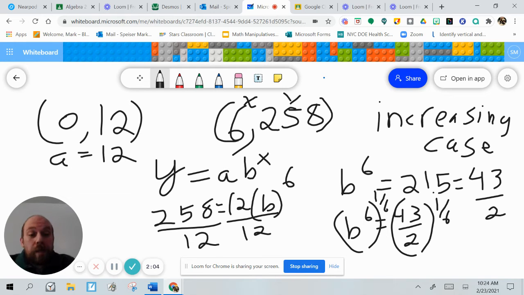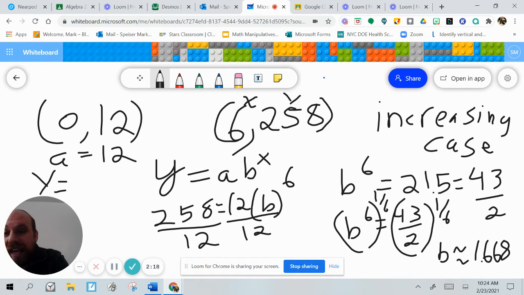And to round, we write b using the approximate equal sign as 1.668. And then we write our equation. Y equals a, which is 12, times b, which we just found, 1.668, raised to the x power. And that is the increasing case.